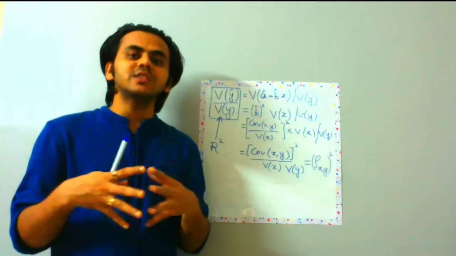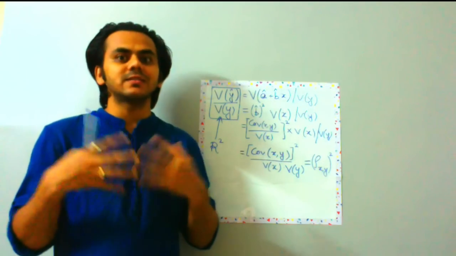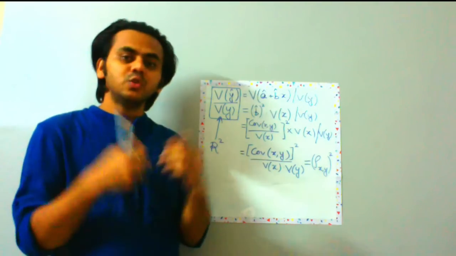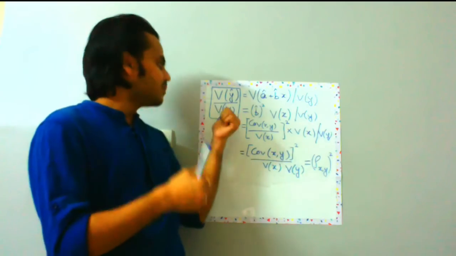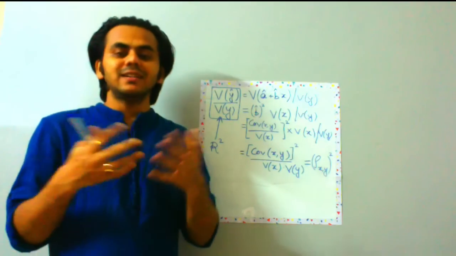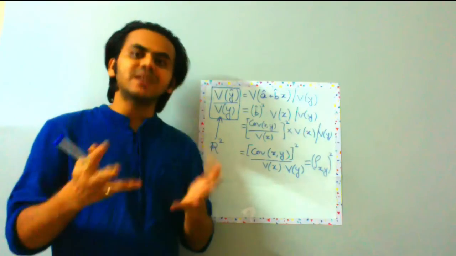If the correlation coefficient between X and Y is high, you will have a high R square, you will have a high proportion of variation explained by the model, and so you will get a better line of fit.